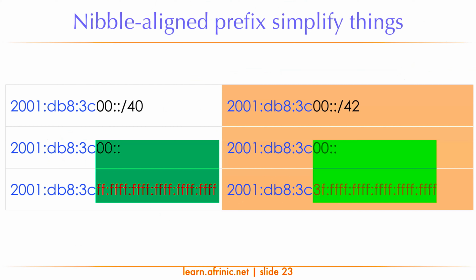So something else that we recommend is sticking to nibble boundaries. If you remember the first slide, we talked of the IPv6 prefix having 32 nibbles, so we have 8 groups of this.